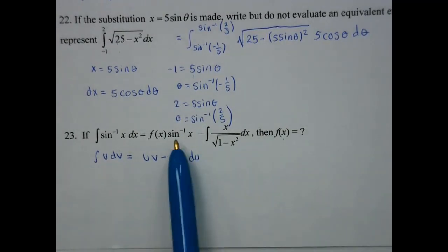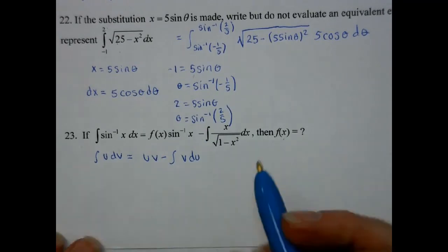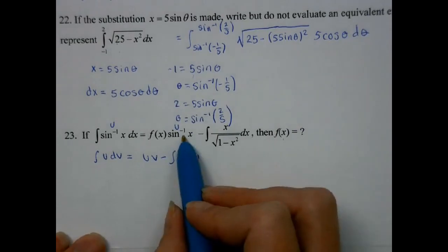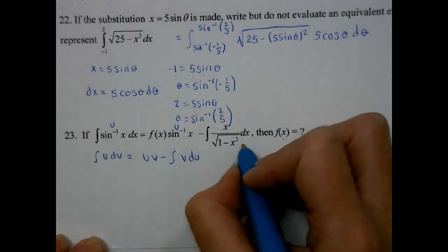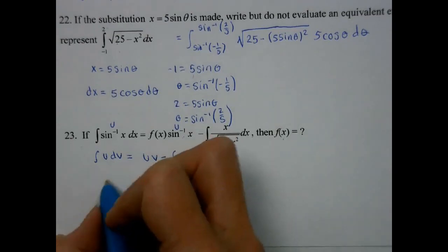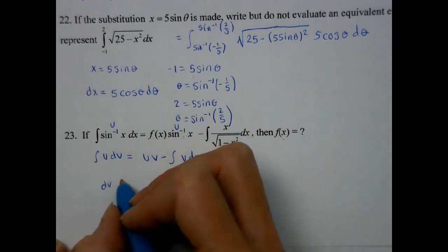So we want to look at what we have. We have a function here and its derivative here, which means u is sine inverse. So dv is dx.